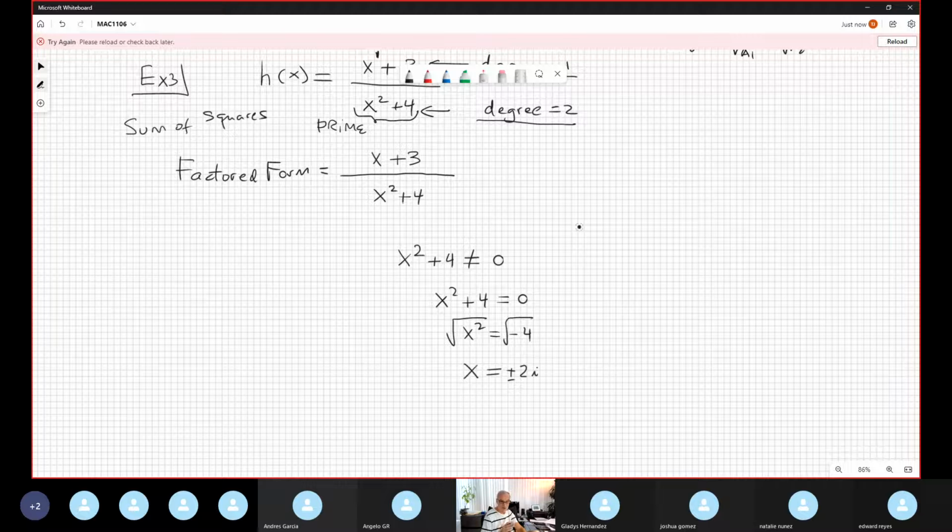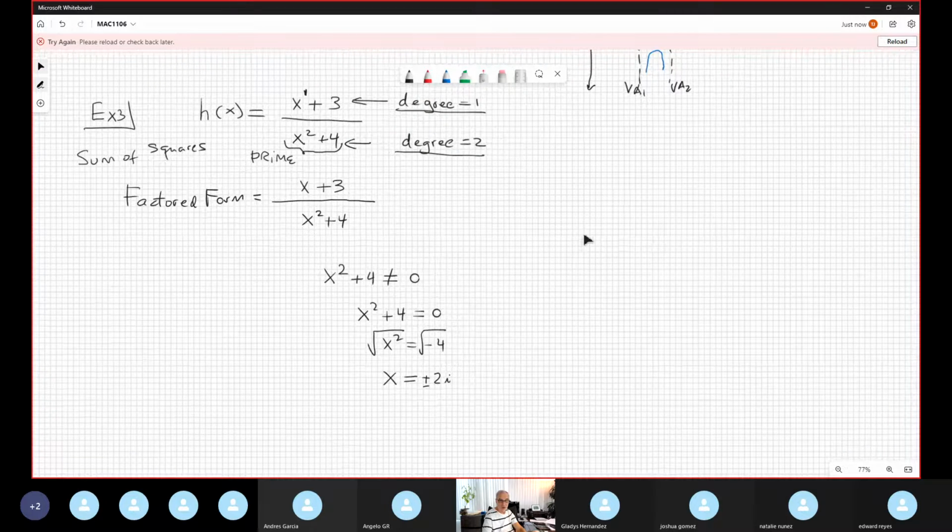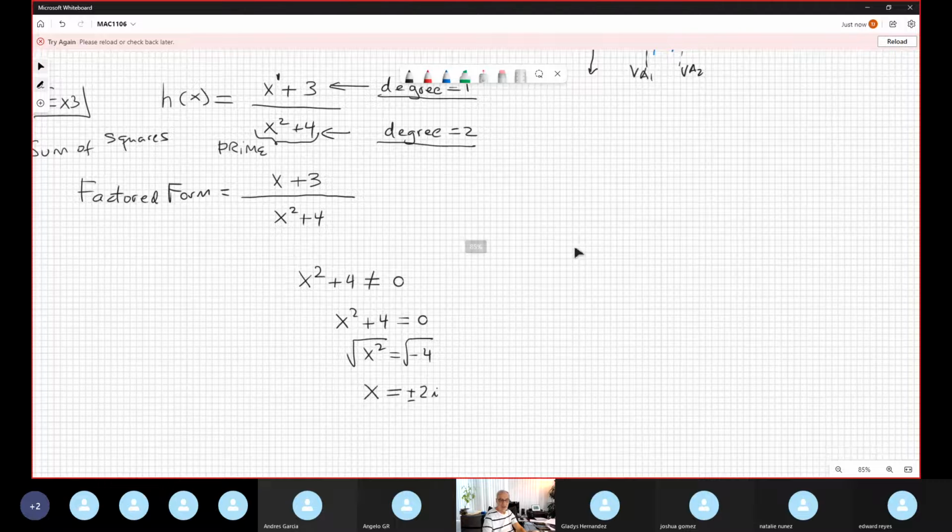The supposition for the domain is always all real numbers except restrictions. And you discover that the restriction living in the complex field is completely outside the real numbers.